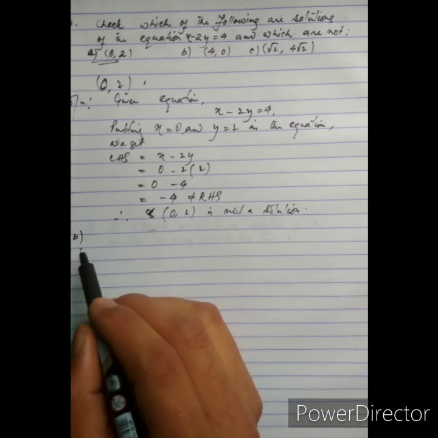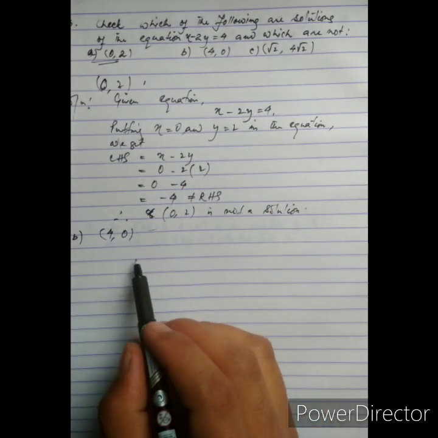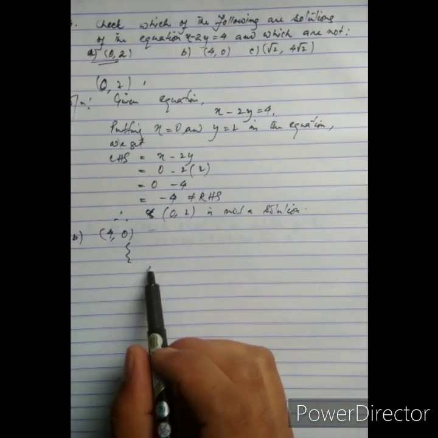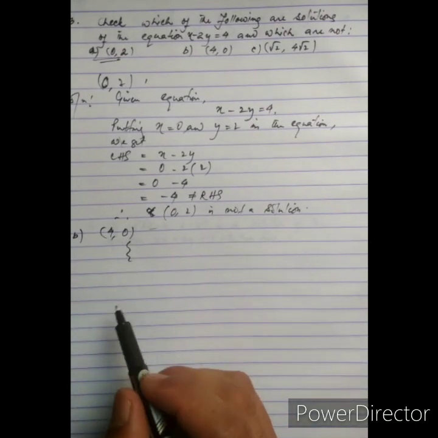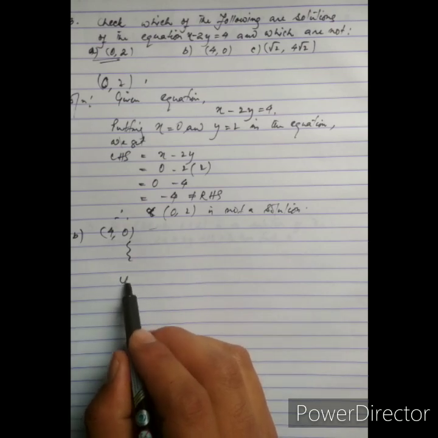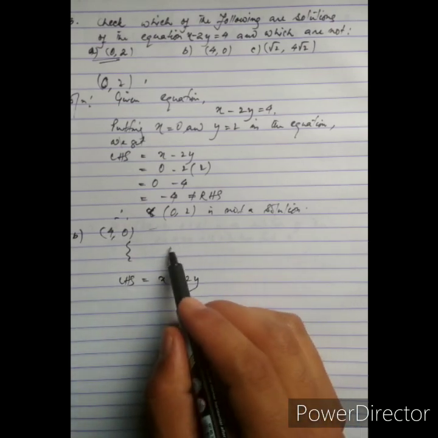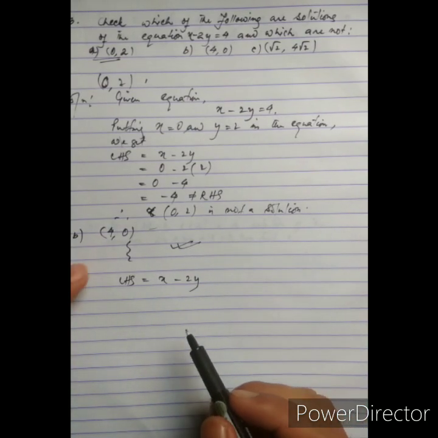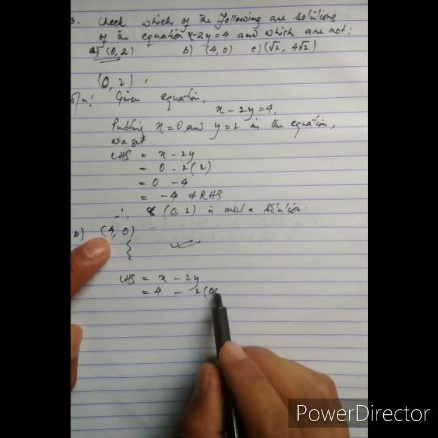So we'll check the second one. That means question B, the given one is (4, 0). Same thing we'll do here. So I will just shorten this part. We will check by putting the values of x and y. Left hand side is x minus twice y. So x is 4 minus 2, y means 0.